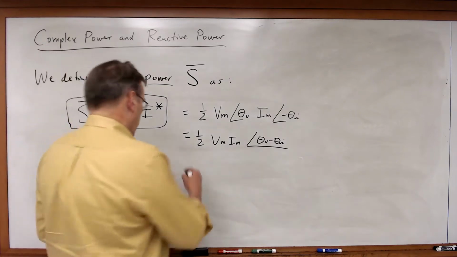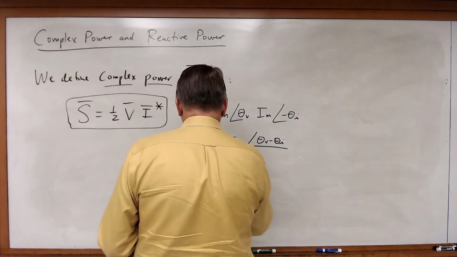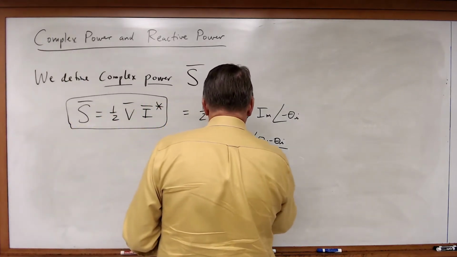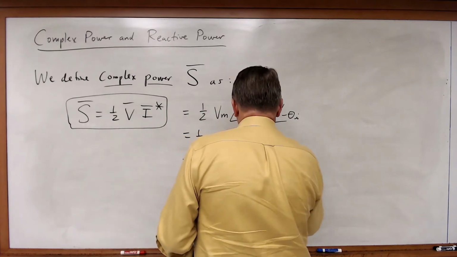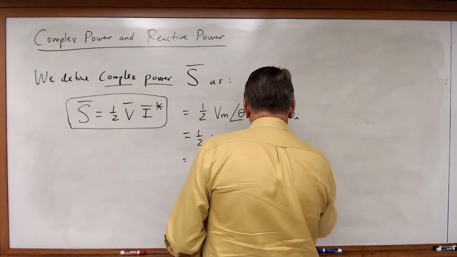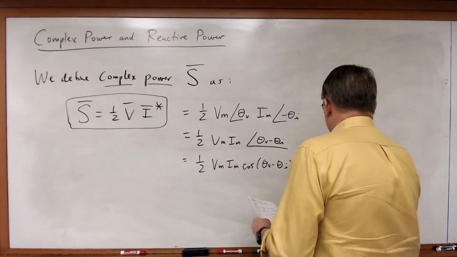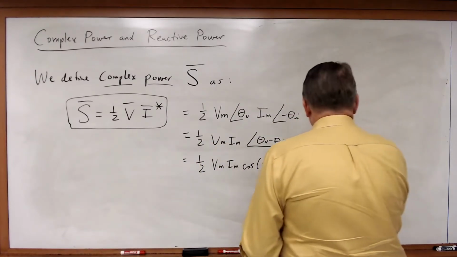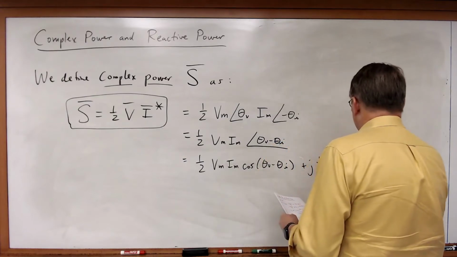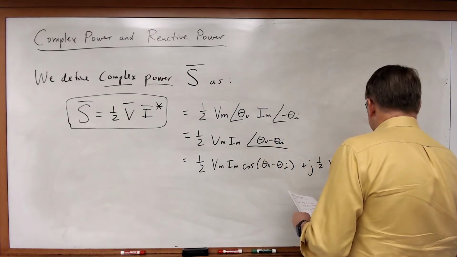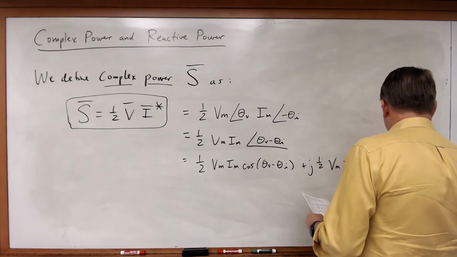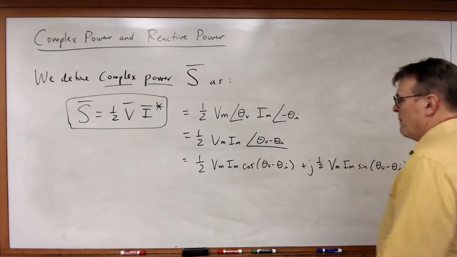This is 1/2 Vm Im times cosine of theta sub V minus theta sub I, plus j times 1/2 Vm Im times sine of theta sub V minus theta sub I.